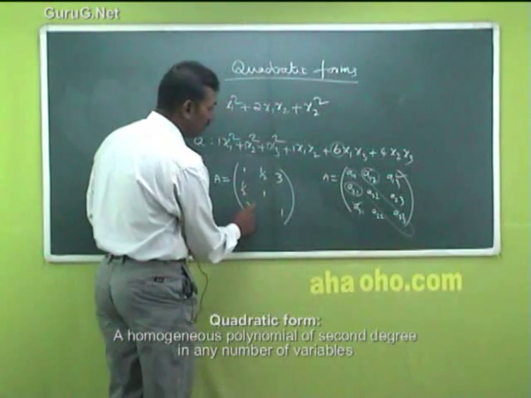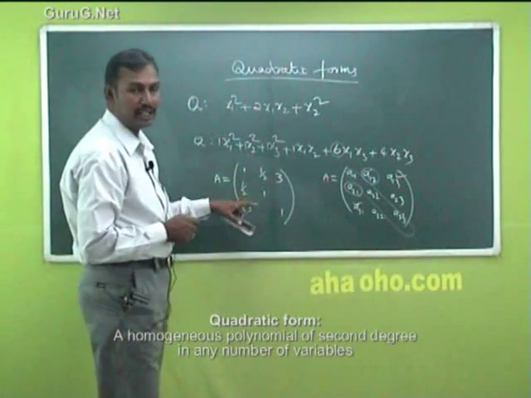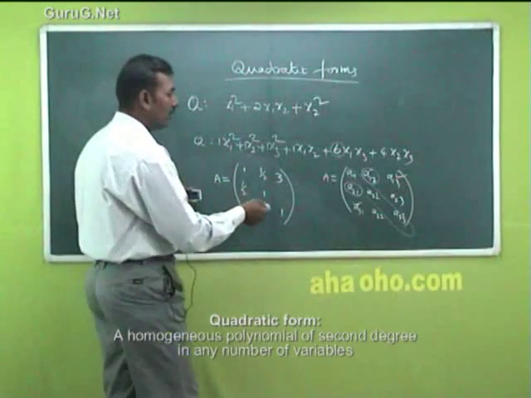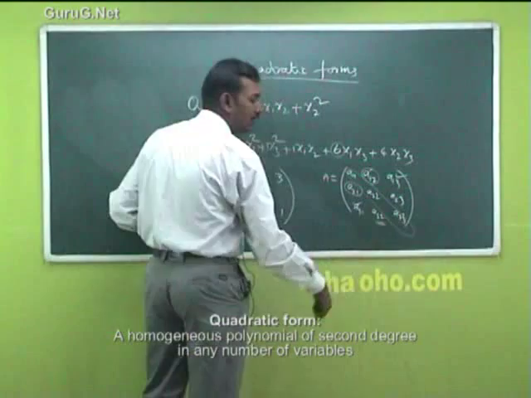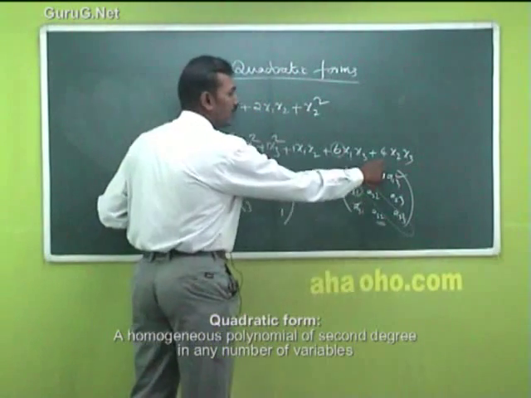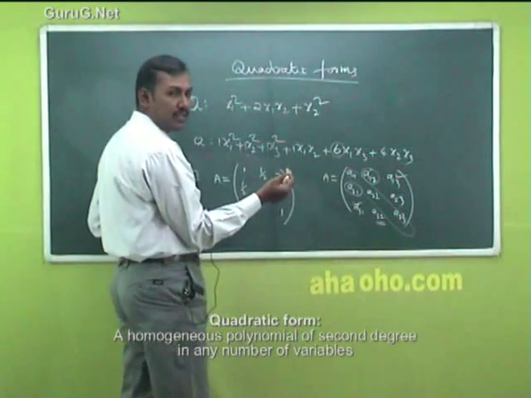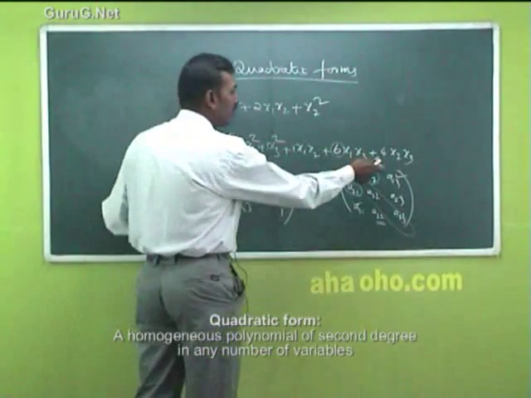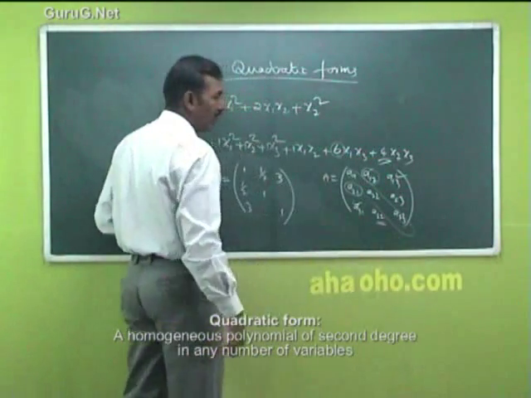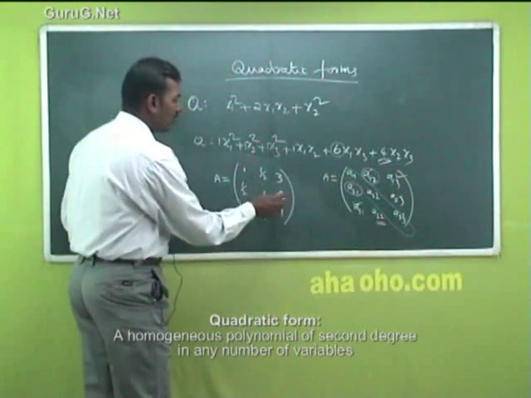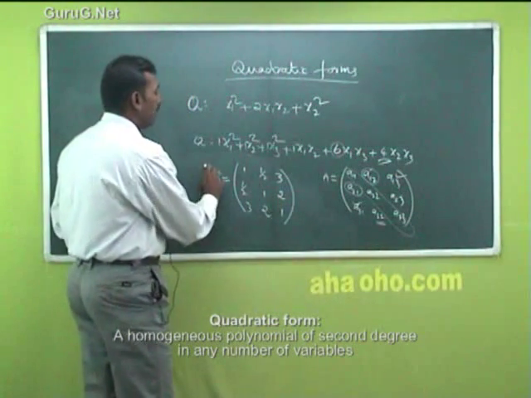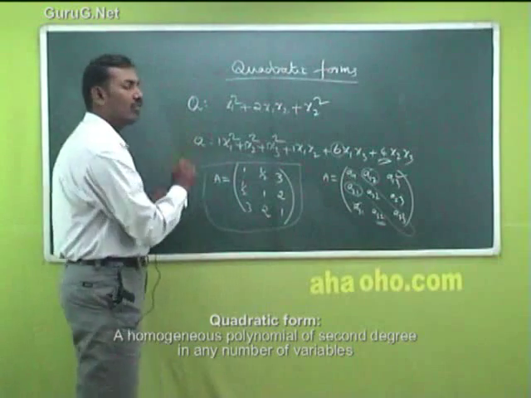You place it in the places A13 and A31, right? The next one, A23 and A32, the coefficient of x2 x3, which is the same as the coefficient of x3 x2. Here the coefficient is 4, you divide it by 2. You make it like this. So these are the matrix of the given quadratic form.